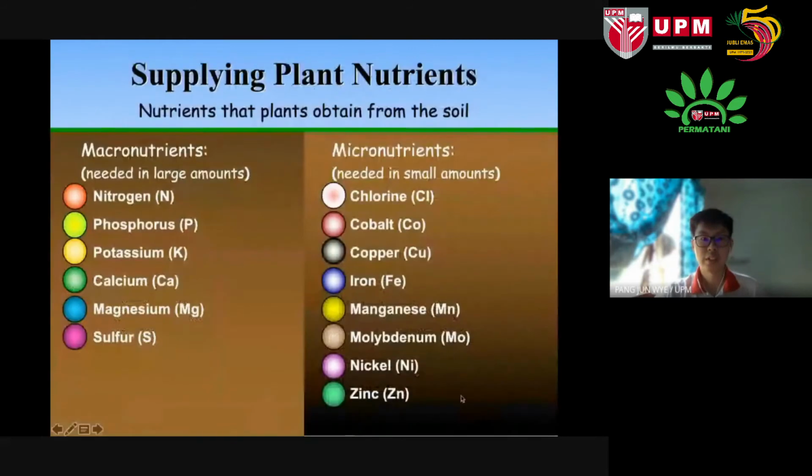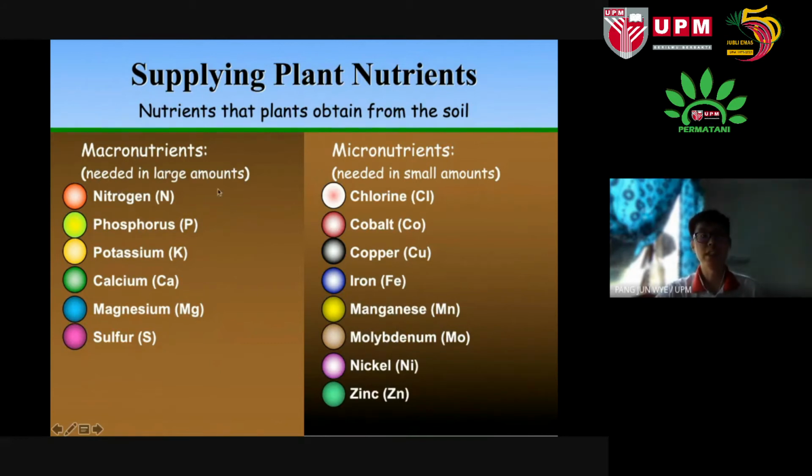Okay, all right. So supplying plant nutrients, there are two different kinds of plant nutrients, which I guess everyone has come across: macronutrients and micronutrients. The first, macronutrients.